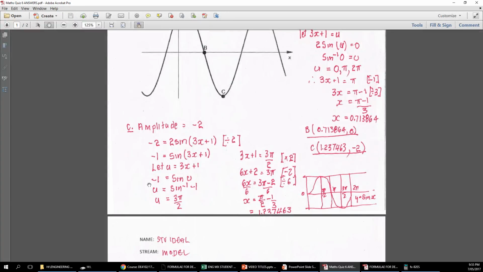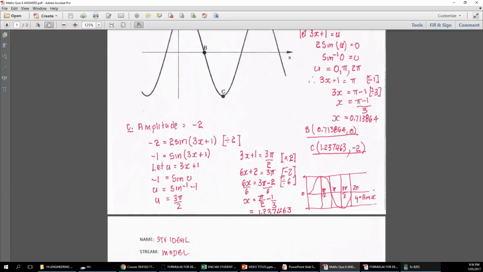So now I get -1 equals sine u, and then I can come over here to my sine graph and see that it's going to be 3 pi over 2.